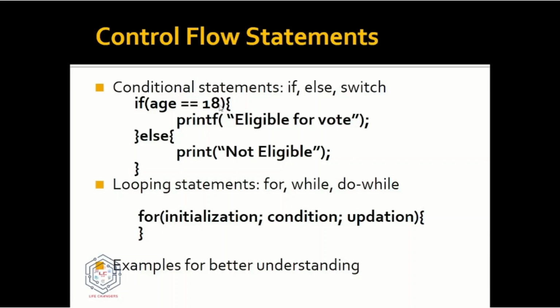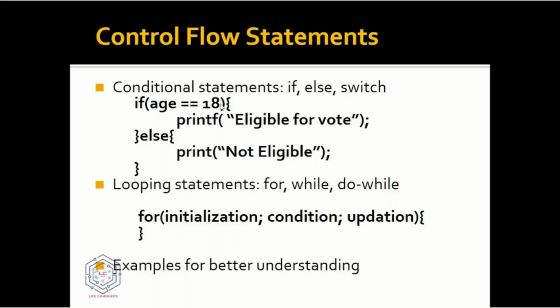Let us see an example with if. The if statement evaluates the condition, and if the condition is true, then the if part of the code will be executed. Otherwise, if the condition is not true, then the else part will be executed. Here, age equal to 18. If the user gives input as age and the if statement checks if the age is equal to 18, then the printf will print eligible for voting.